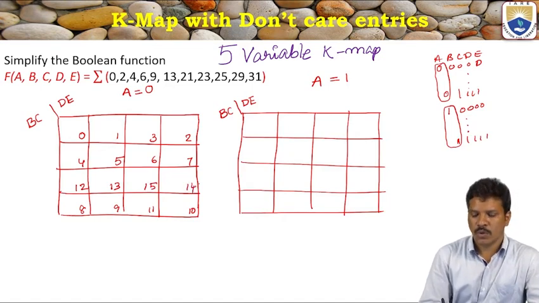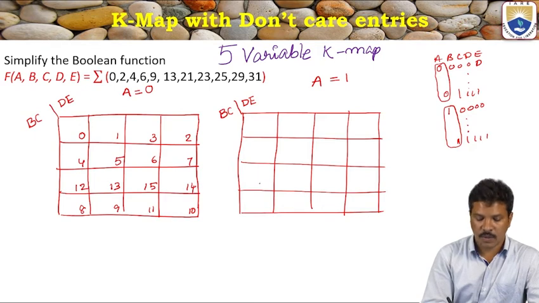When A is equal to 1, which is nothing but 1 0 0 0 0, that means 16, 17, 19, 18, 20, 21, 23, 22, 24, 23.